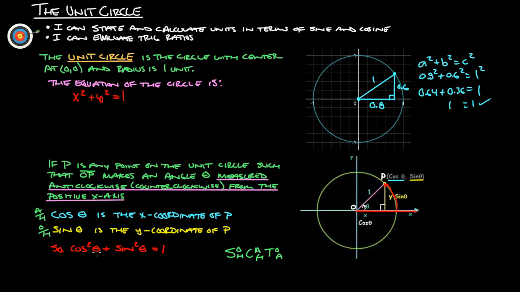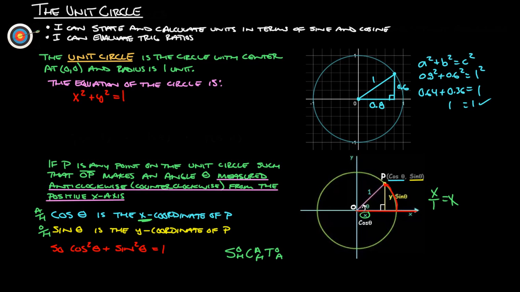Okay, so cosine theta is going to be the x-coordinate of this P value right here. Cosine is adjacent, which is going to be this x value right here, over hypotenuse. So really this is going to be x over 1, which just gives us x, right? So that's why they're saying cosine theta is simply going to be just the x-coordinate of P.